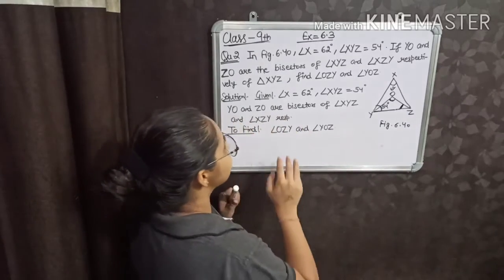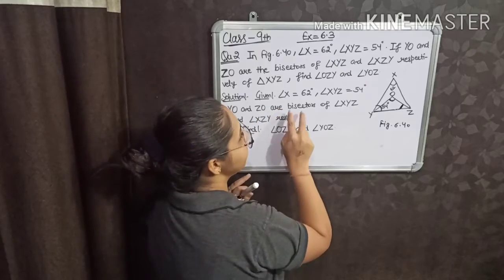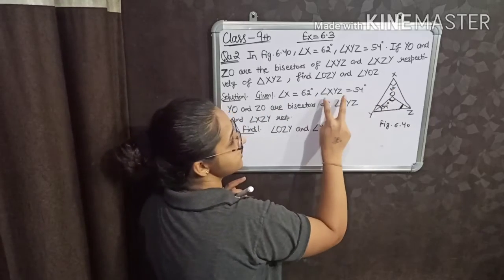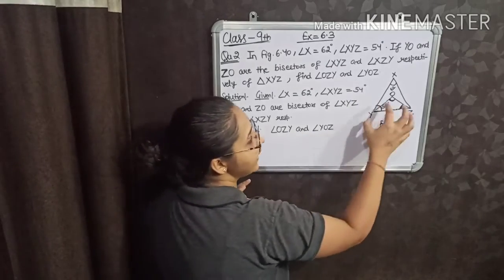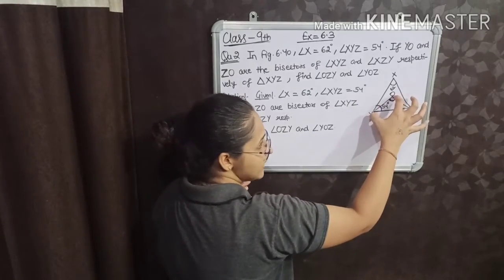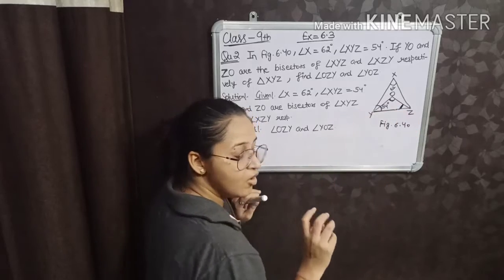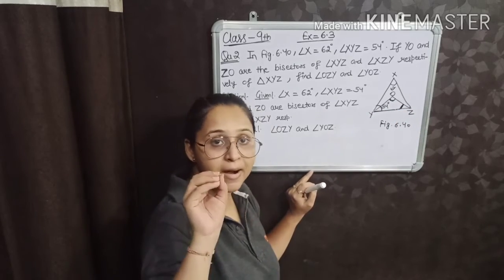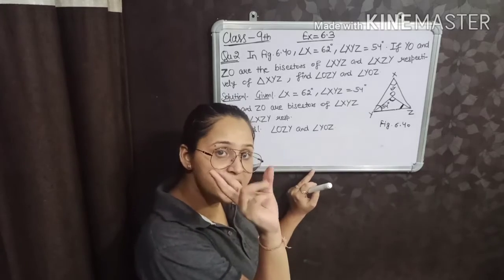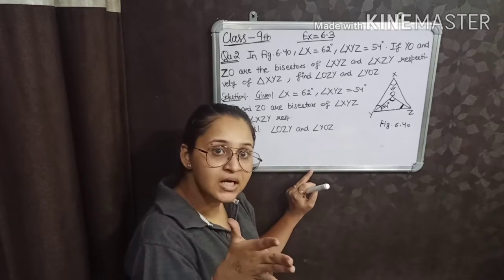Now it is given that, first you will write, given: angle X is equal to 62 degrees, angle XYZ is equal to 54 degrees. Now YO is a bisector of this angle. What does this mean? What does bisector mean? Bisector means bi means two, sect means cutting.